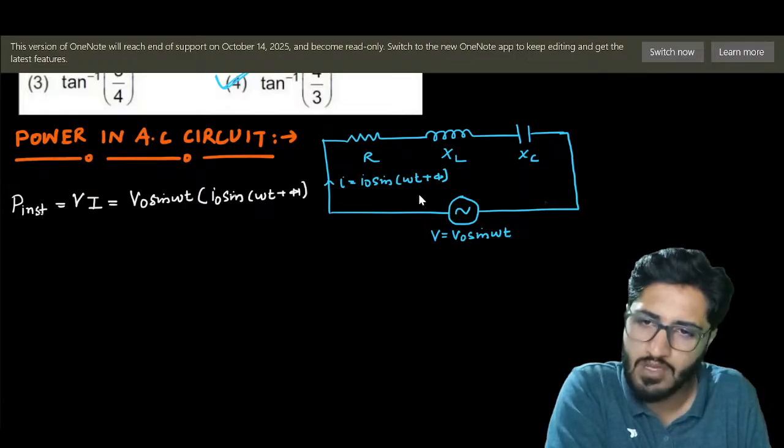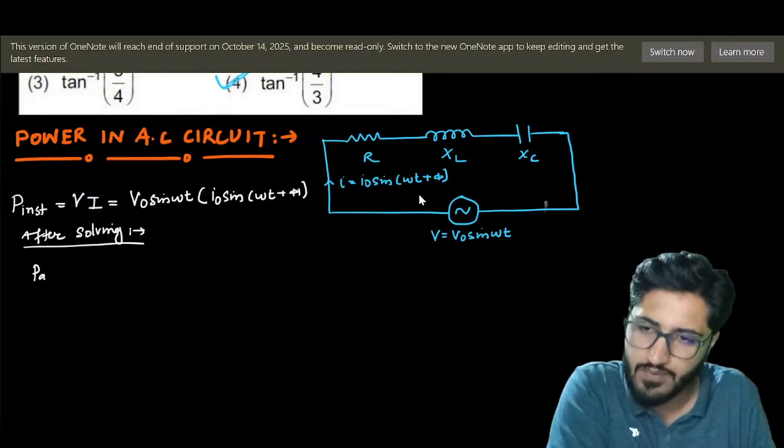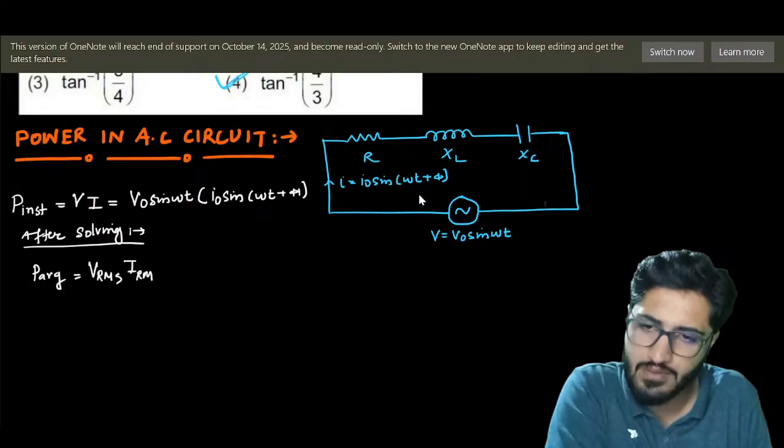You don't need to solve it. After solving, you will find the derivation in your NCERT also. After solving, your average power will be Vrms times Irms times cos phi.